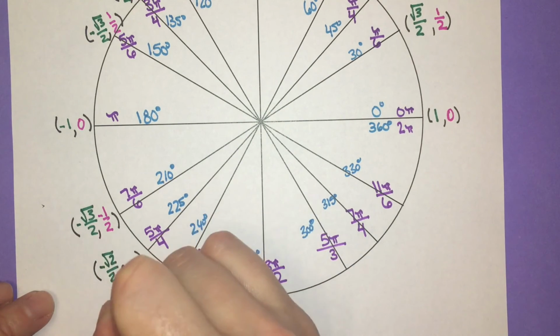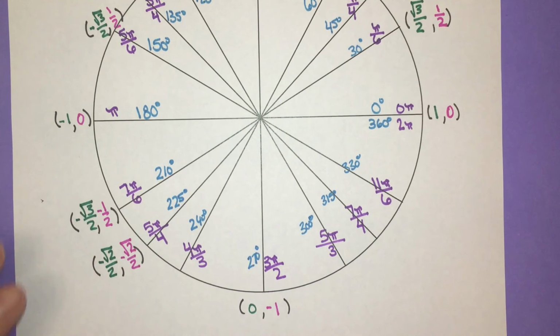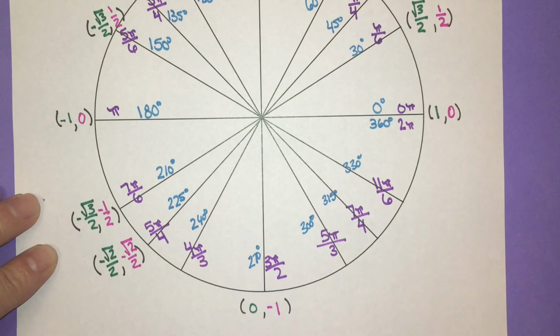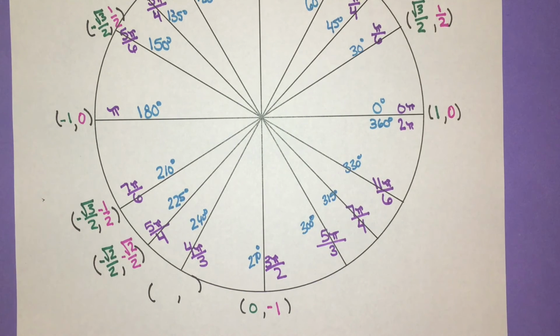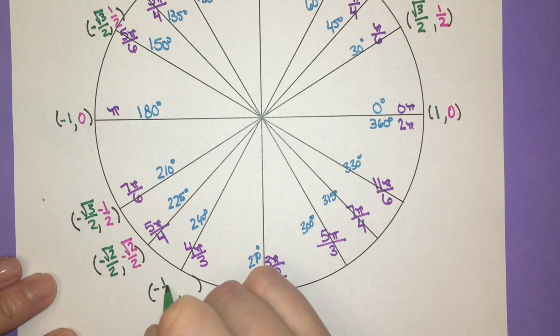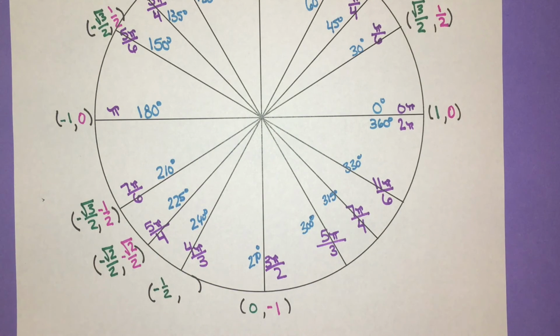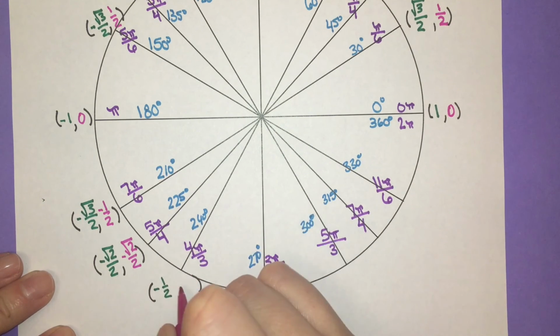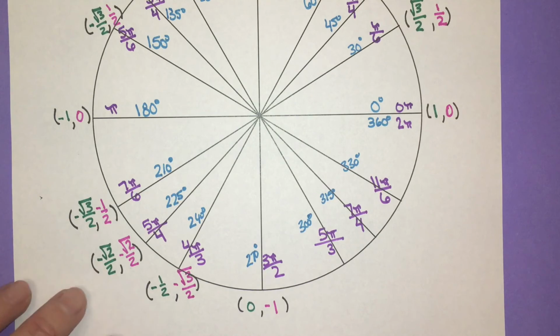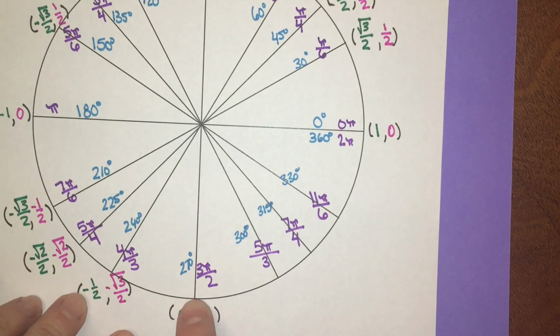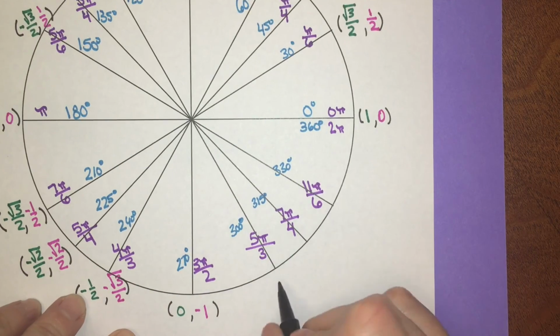My y-coordinate is also negative square root of 2 over 2. All right, down to 240 degrees. We have an x-coordinate of negative 1/2, y-coordinate of negative square root of 3 over 2. Okay, I can skip all the way down because I already did that at 270 degrees.